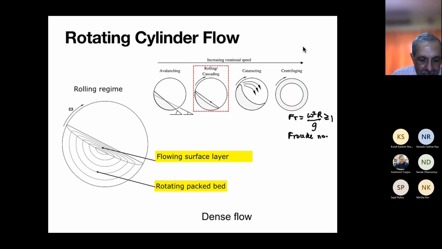So we want to try and write down what are the equations for the flow in this layer because this is very much what we have been studying, and that is the surface flow. And you can see that here there is erosion because the bed is constantly getting eroded, and over here there is deposition, and the interface is steady, it's not changing with time, but still there is erosion and deposition because the bed itself is rotating.